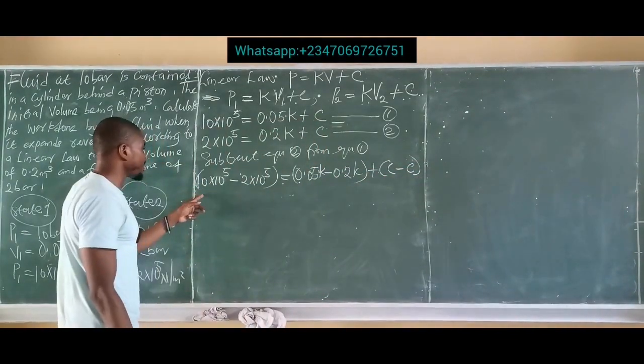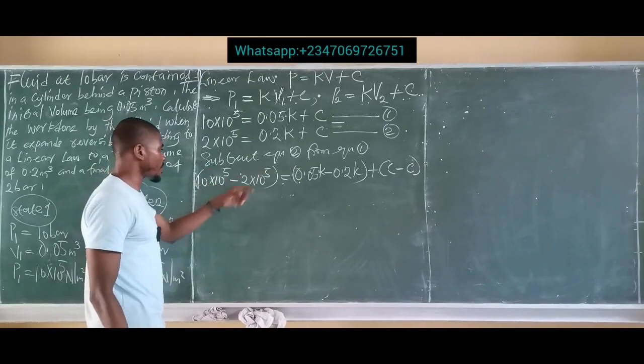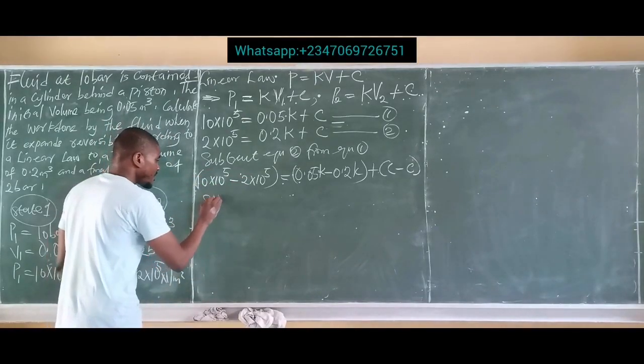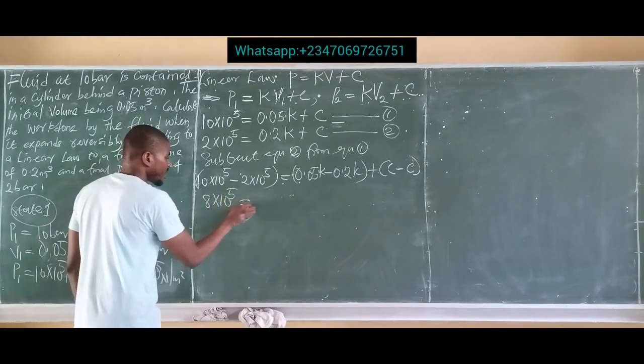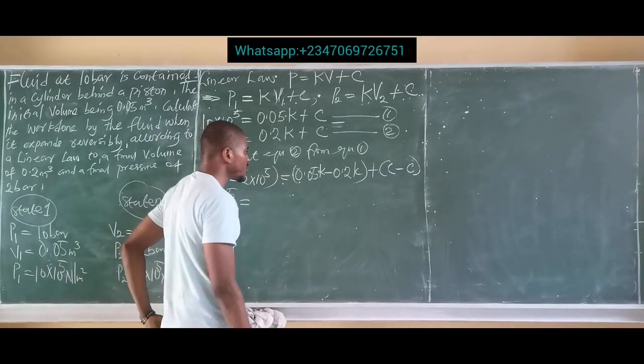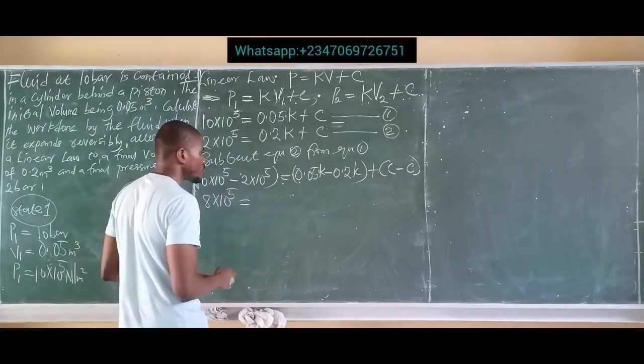Now 10 by 10 to the power of 5 minus 2 by 10 to the power of 5 gives us 8 by 10 to the power of 5, and this is equal to 0.05k minus 0.2k.